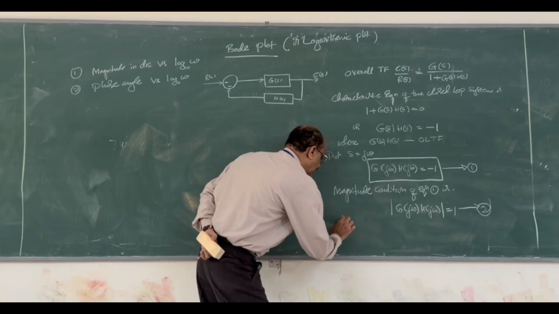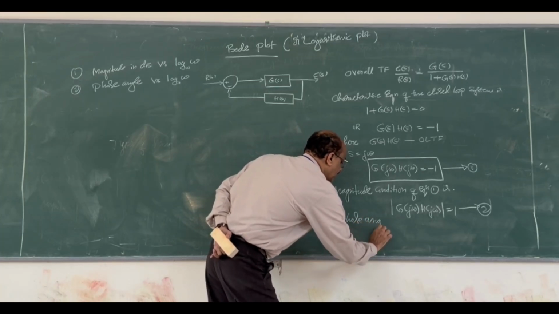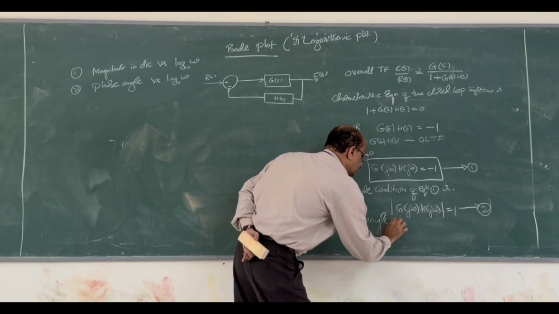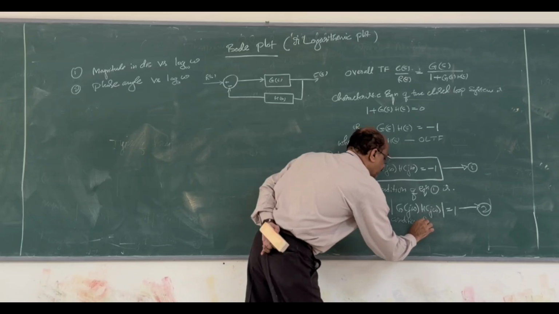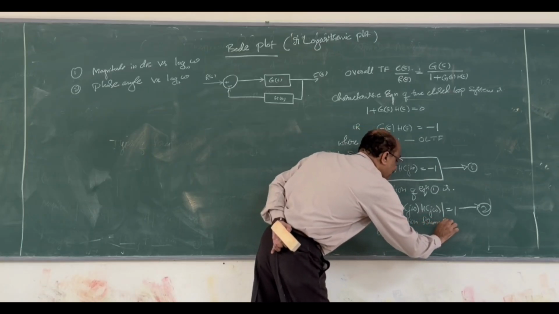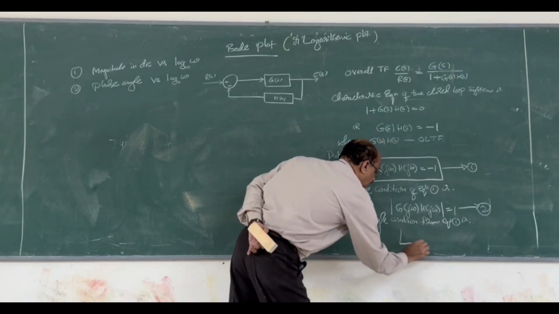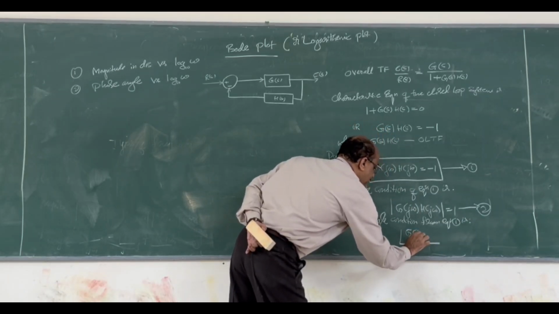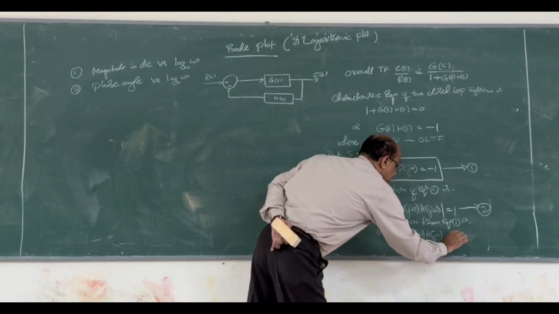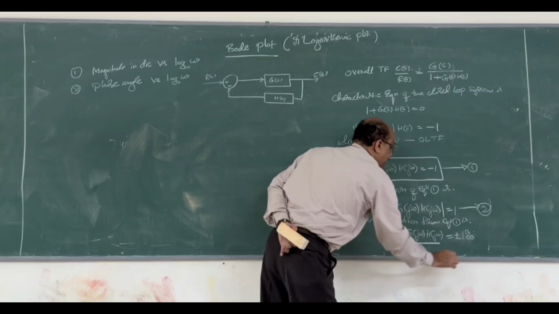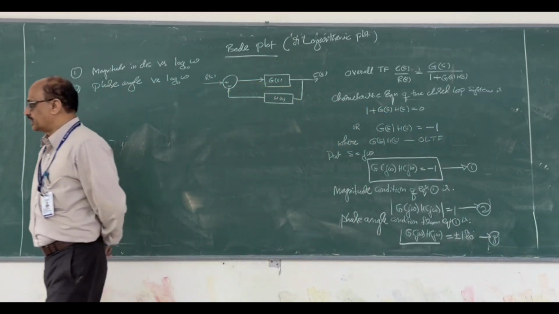The phase angle condition from equation 1 is that the angle of G(j omega)H(j omega) equals plus or minus 180 degrees. Let me call this equation 3.